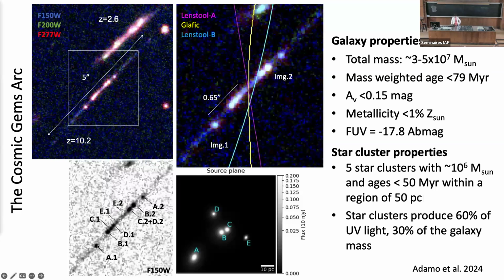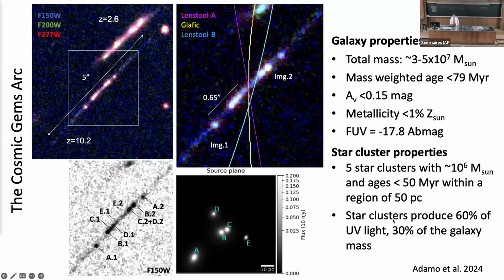Cluster A is the most distant. This is a source plane reconstruction of how these clusters are distributed. They are within a region of 50 parsecs. This is quite amazing because these 5 clusters seem to have a mass of 10 to the 6 solar masses. Imagine the stellar density of this little region, 50 parsecs across.